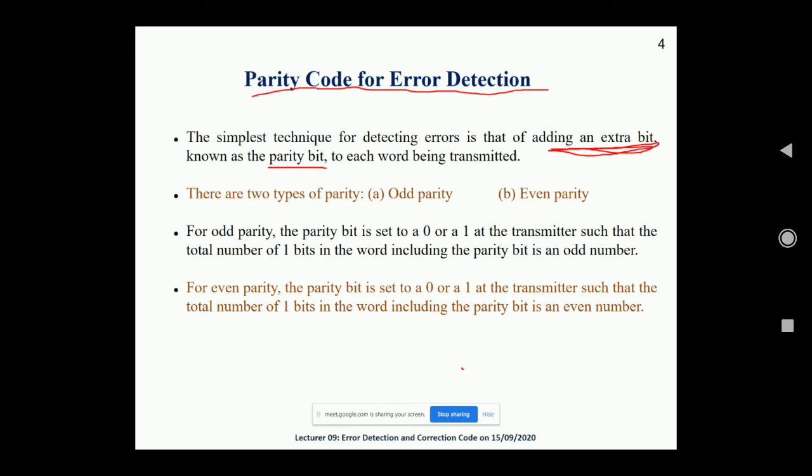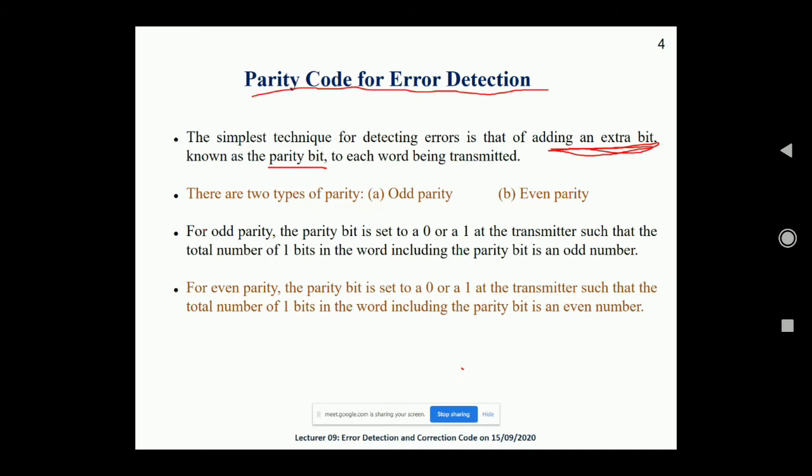Lot of methods are there, and this is one of them. It is not that only this method detects and corrects errors; it depends on the application and concept. But from the electronic circuit point of view, parity code is a good example for detecting and correcting errors.